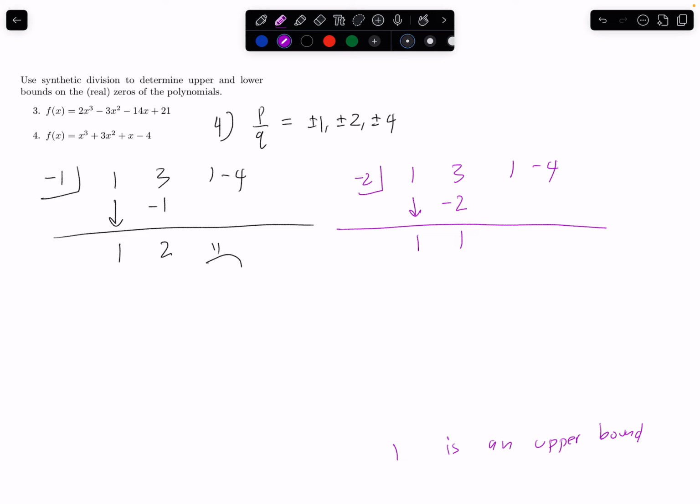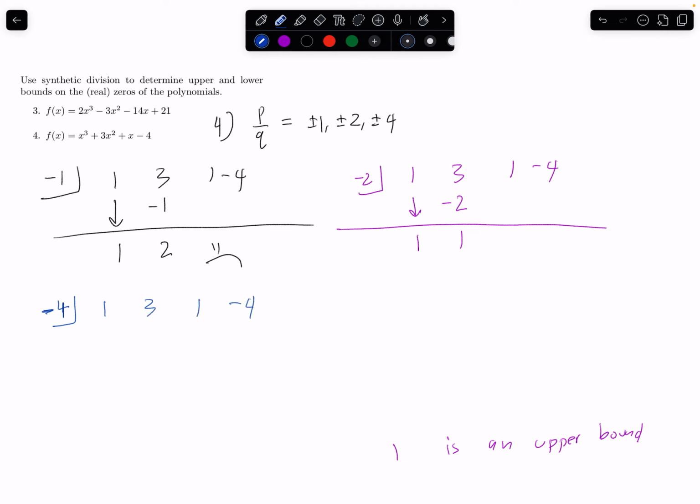In fact, I can kind of just look ahead and see that if I plug in negative 3, I have 0, and that wouldn't be a sign change either. So I'm going to go to the next viable option, which would be negative 4. My color scheme is all off here. I should have been alternating below, yeah? So let's do, sorry, negative 4. Okay, 1, 3, 1, negative 4.